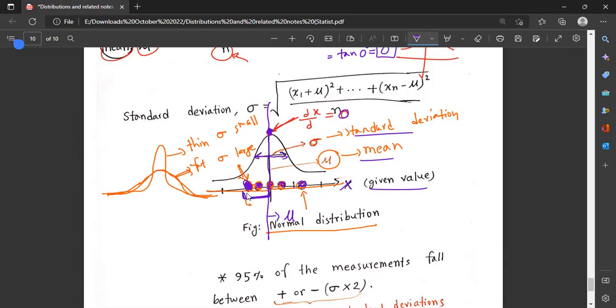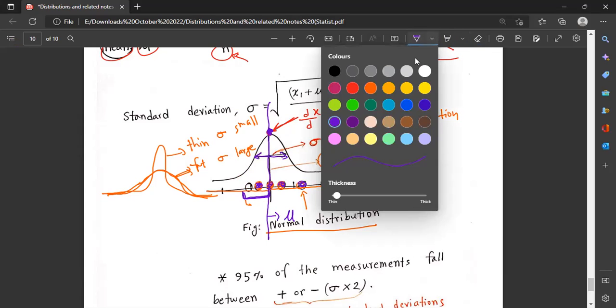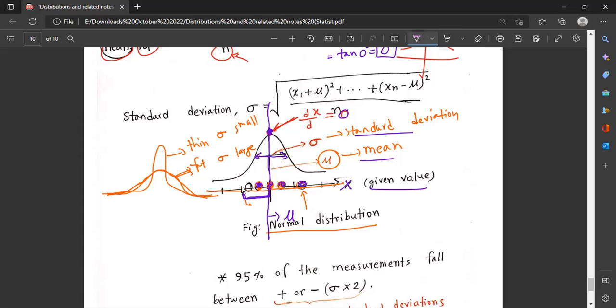And then the variance means how far. Let's say we are interested in this data. Let me change the color. Okay, we are interested in this data, and variance means how far it is from the mean value.